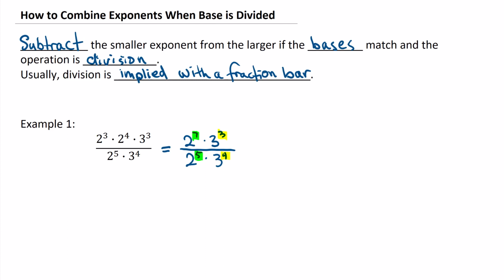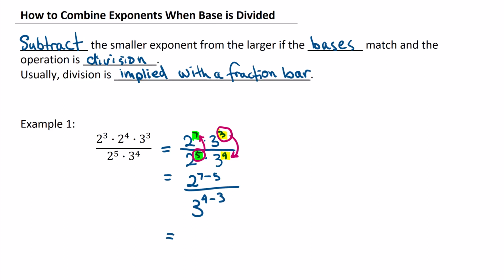One way you can imply this is by taking that exponent and saying, I'm bringing it up and subtracting it from the 7. Similarly, the 3, we're going to take it down to the 4 and subtract it from 4. This gives me 2 to the 7 minus 5, and in the denominator, 3 to the 4 minus 3.